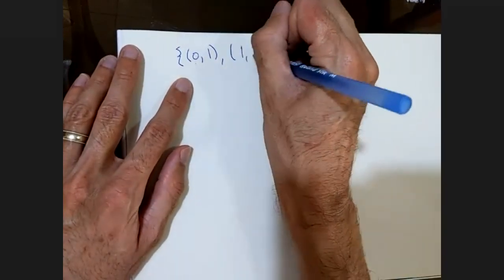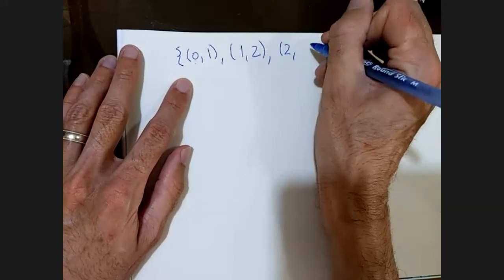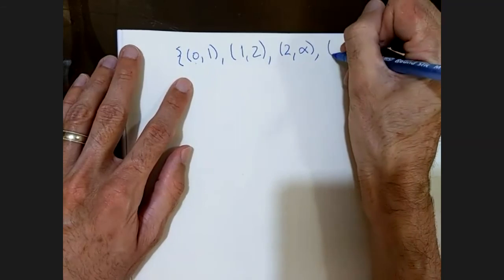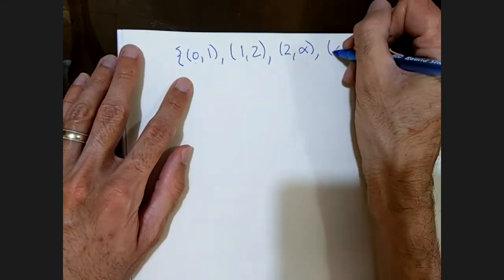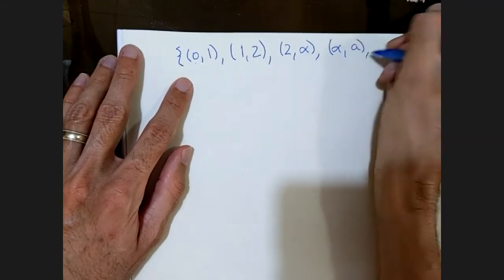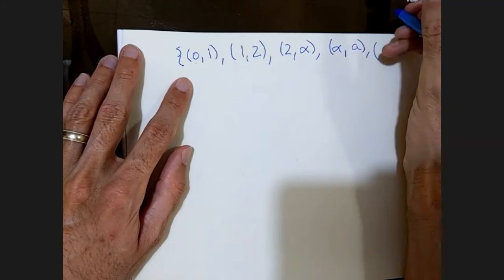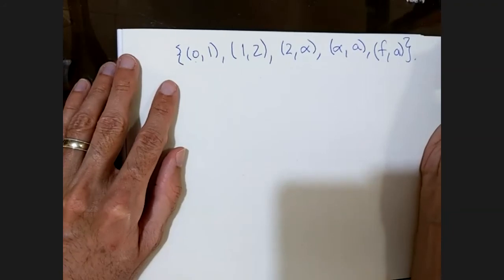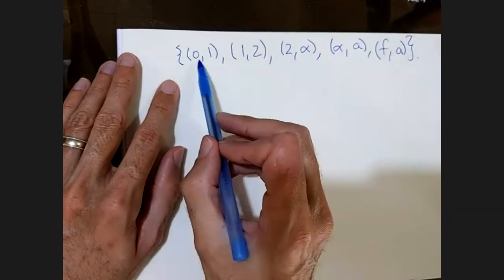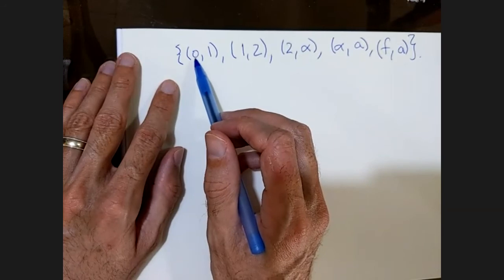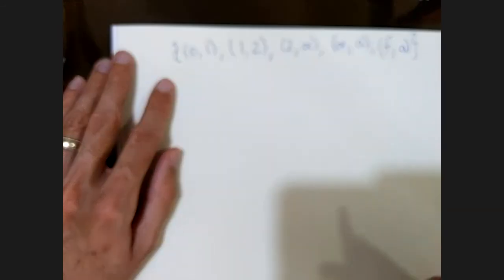Okay, 0 gets sent to 1, 1 gets sent to 2, maybe 2 gets sent to alpha, and then maybe alpha gets sent to A, and then maybe F gets sent to A. Now I've written down a function. I just need to make sure it passes the vertical line test. Each first coordinate appears only once.